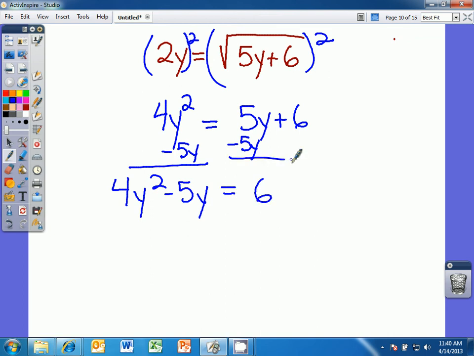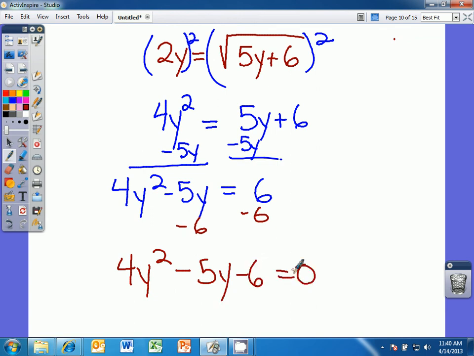And then I'm going to subtract a 6 from both sides. And my new quadratic equation is 4y squared minus 5y minus 6 is equal to 0.